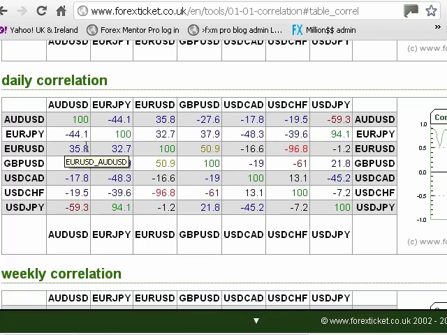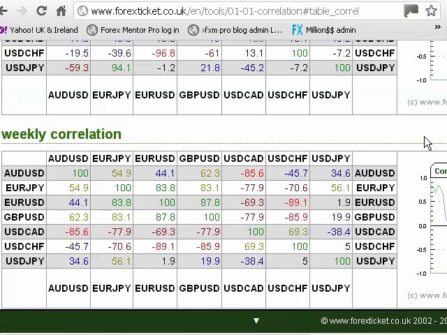When you look at the Euro USD and the pound on a daily for the last 50 days, it is 50% of the time. It is usually higher than that. In past experience, it can be anything up to 80% of the time. The Swissy remains 90+% of the time opposite direction, and the Aussie dollar USD is usually correlated more than the current figures. But it's something that you need to bear in mind.